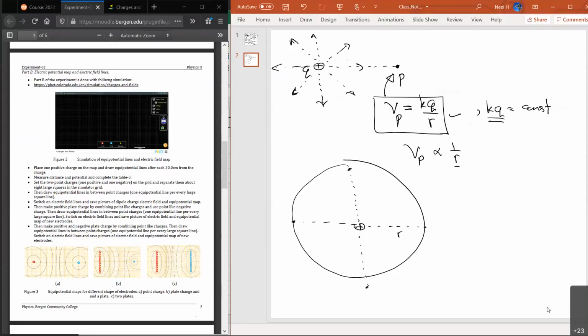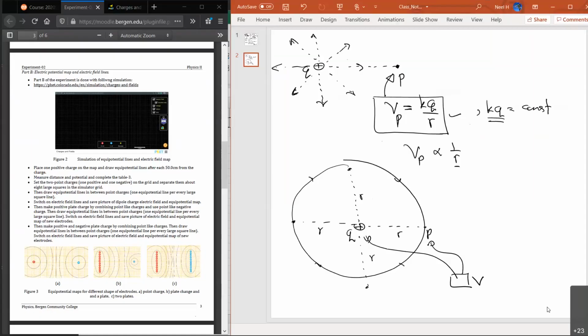So keeping the same r, mark a point, and then connect all those points, and you will get a circle. Anywhere on this circle, if you have a potentiometer like a multimeter, as in a real experiment, and measure the potential difference between these two points, you will get the same number on this line.